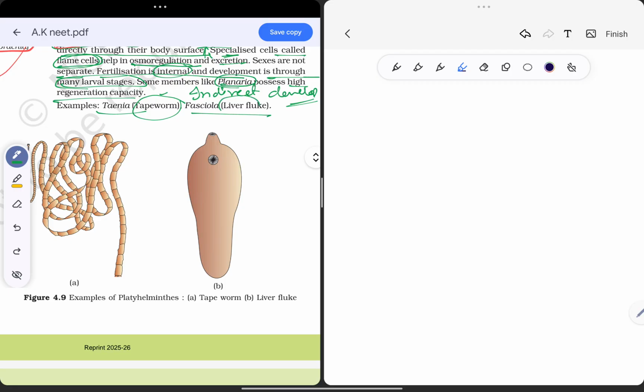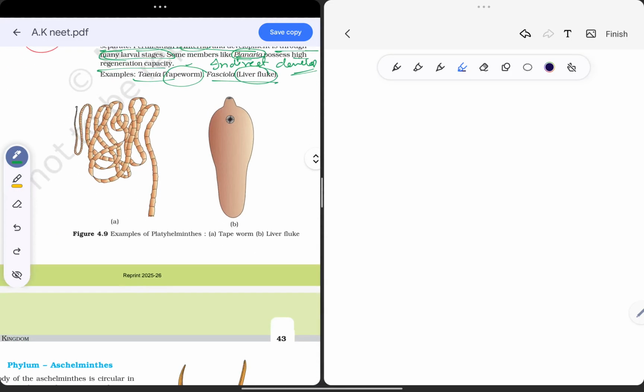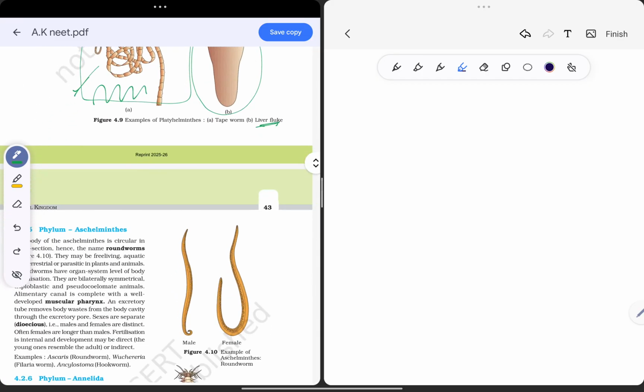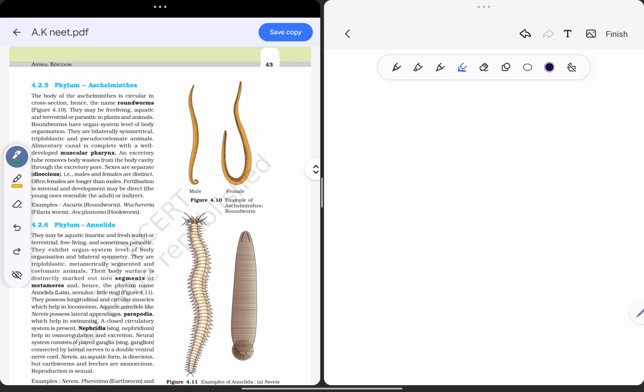Taenia is the tapeworm, and Fasciola is the liver fluke, its common name. Remember the diagram? The first one is Taenia, this chain-like structure. This is the liver fluke, also known as Fasciola, which is the scientific name. Just two examples.